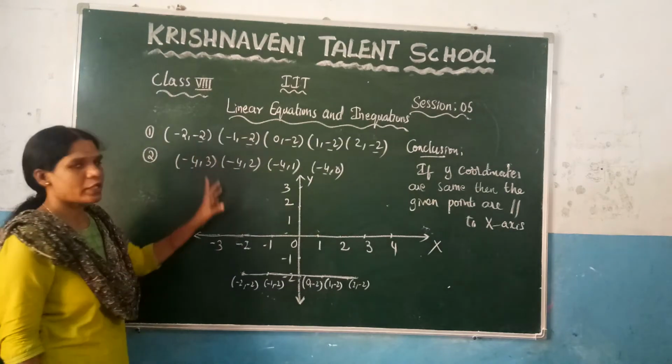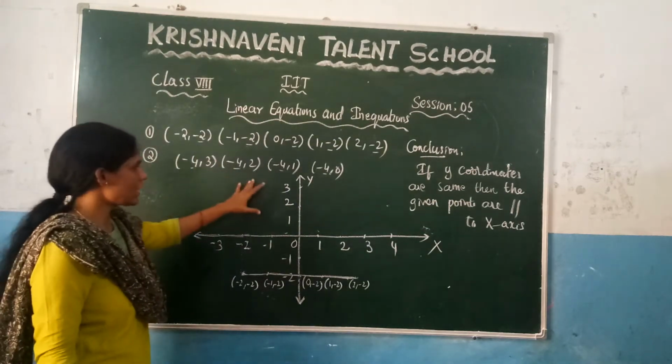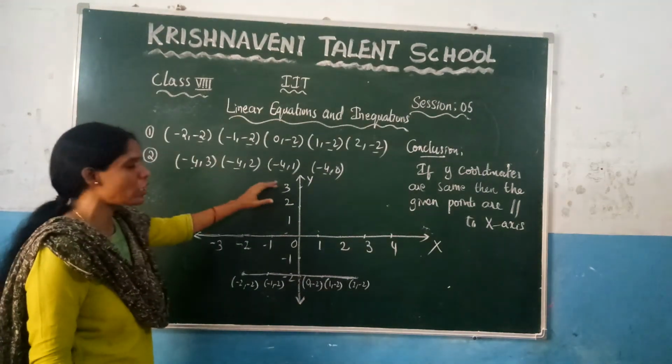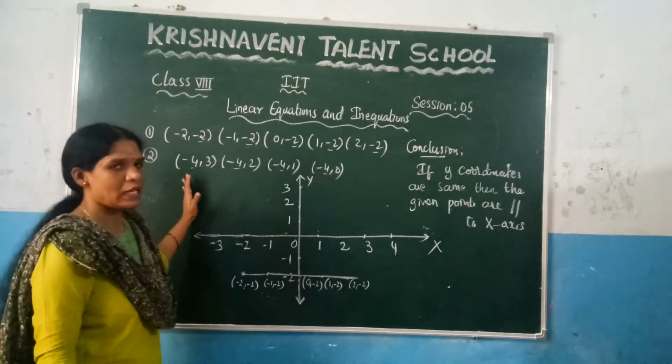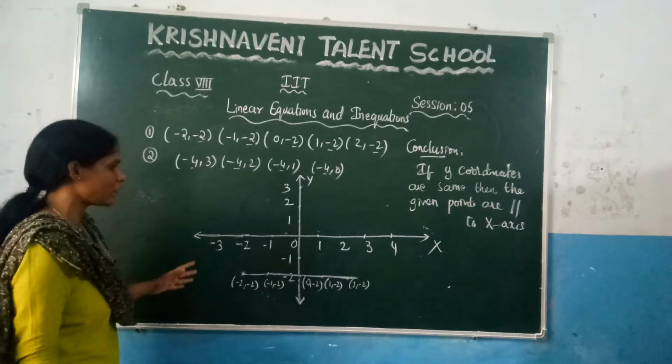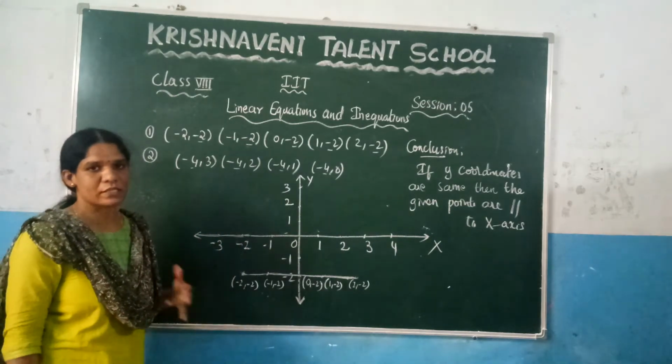Because here the y coordinates are the same. If you see the next points, you can observe that the x coordinates are the same. If the x coordinates are the same, definitely you will get a line parallel to the y-axis. Let us check whether you are getting the line parallel to the y-axis or not.